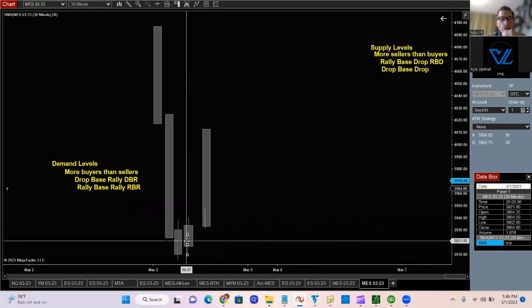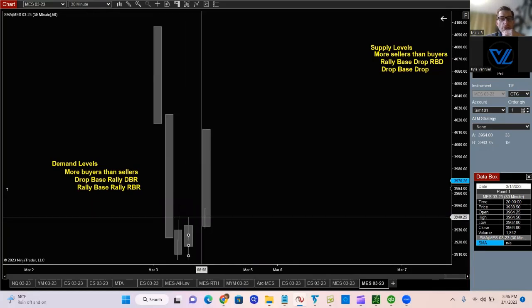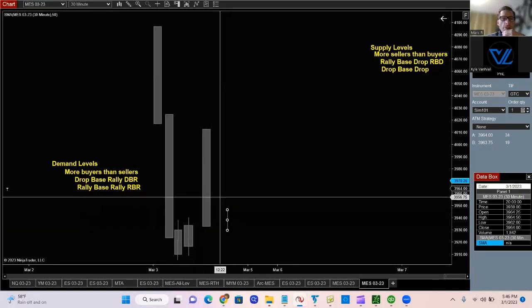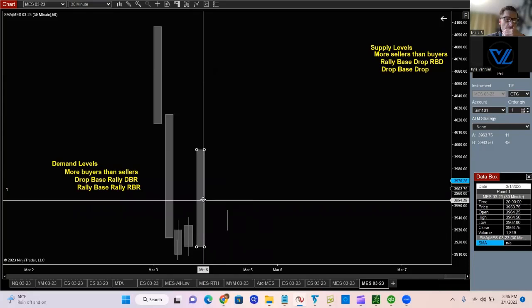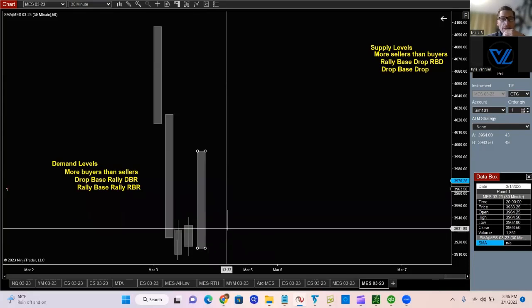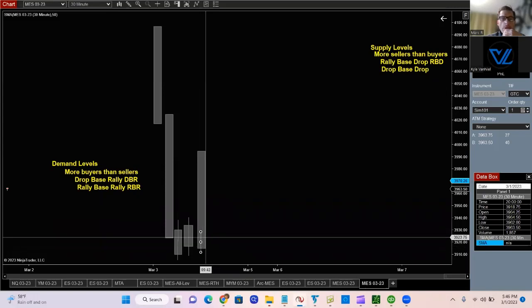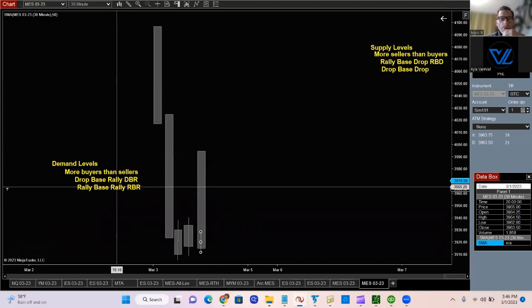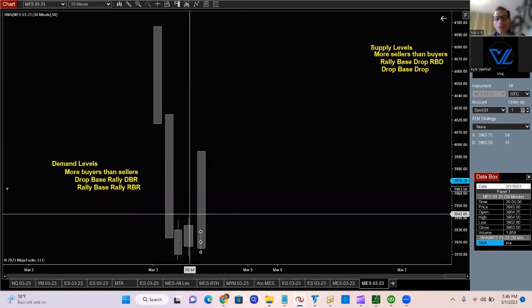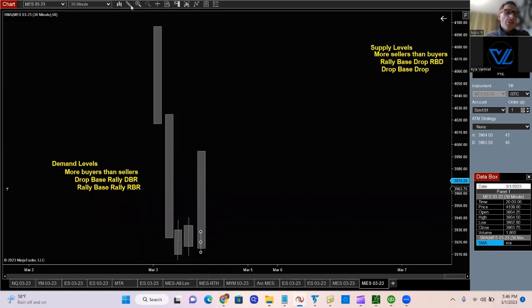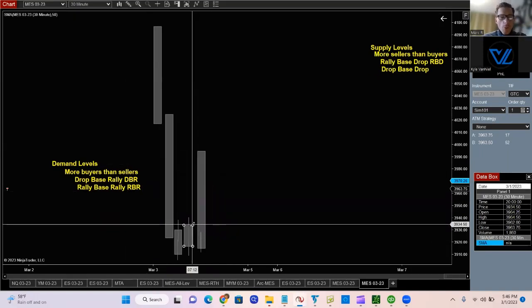It also depends on your time frame. What may seemingly lack basing candles on one time frame, when you drill down to a smaller time frame, you're going to have more basing candles.